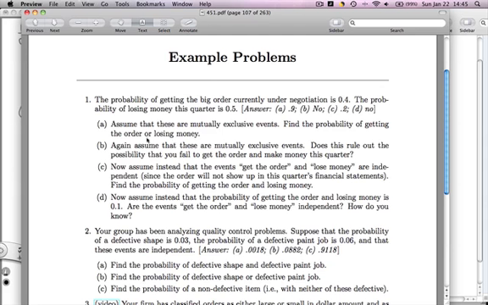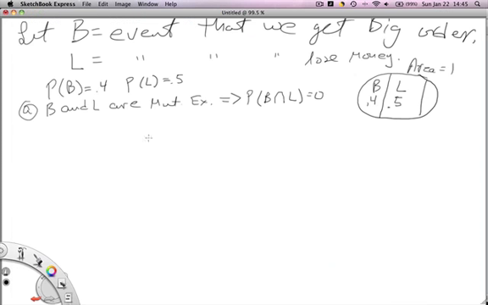The word or right here is quite important. If we translate that statement into symbols, or gets translated into a union: the probability of B or L. How are we going to solve this? Hopefully this is somewhat obvious. It's just going to be the sum of the two, but we're actually going to use the OR theorem that I went over.